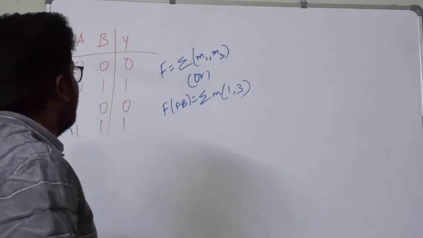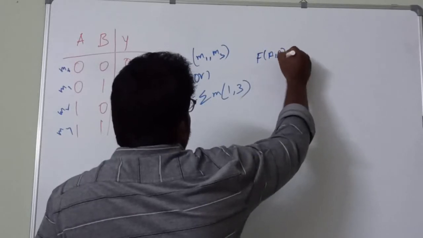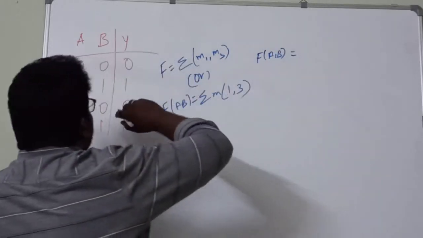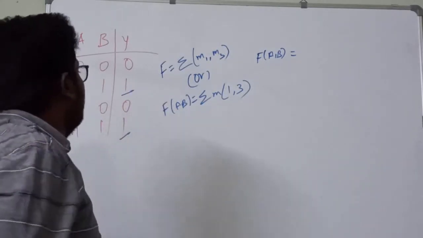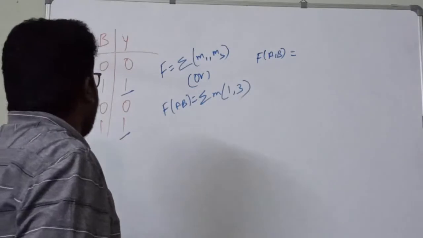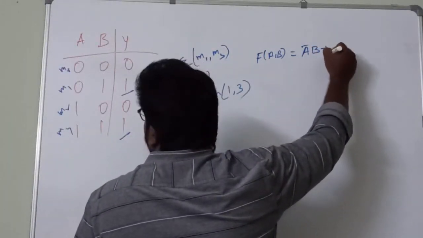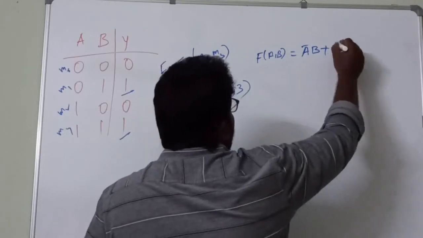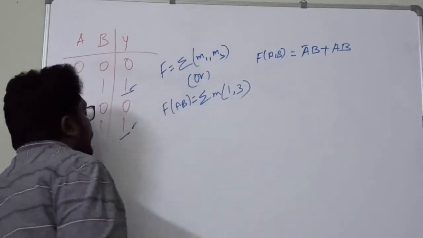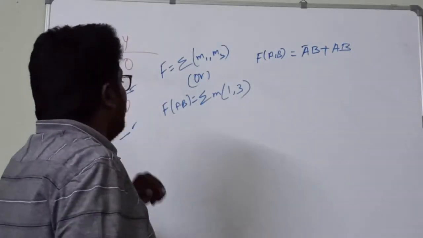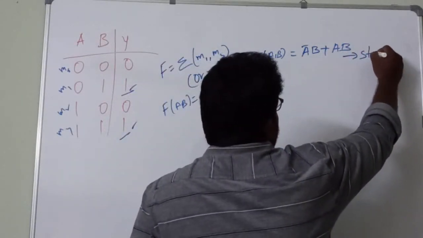So the function for this truth table is f of a comma b equals a complement b plus a b, since we have output 1 for minterms 1 and 3, right? So now this is the standard form.